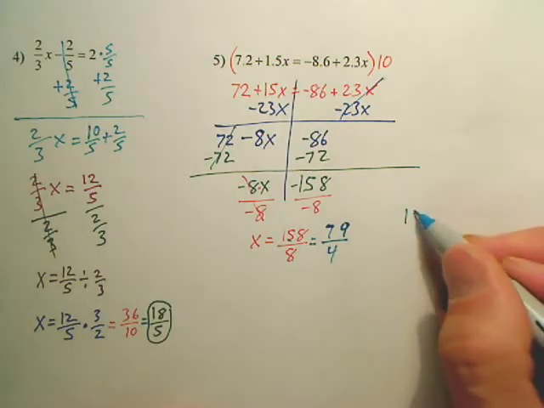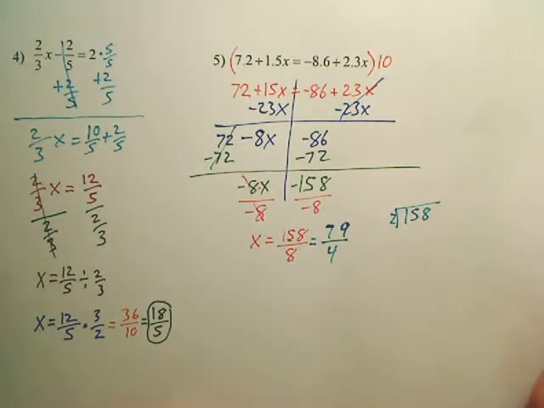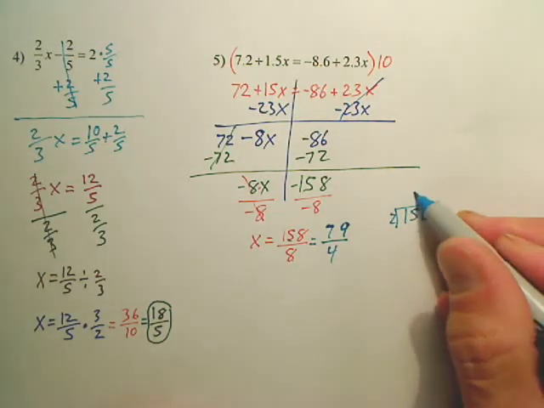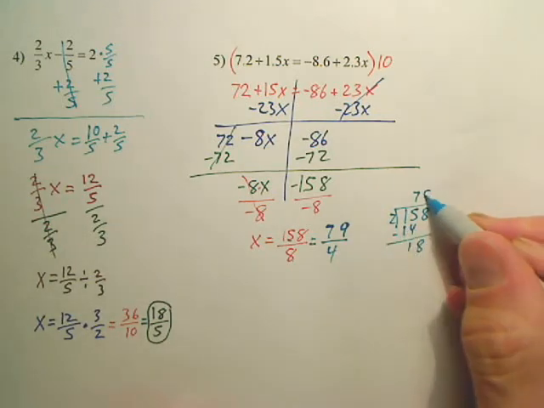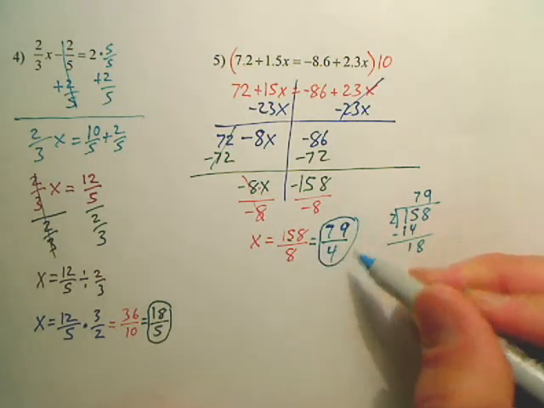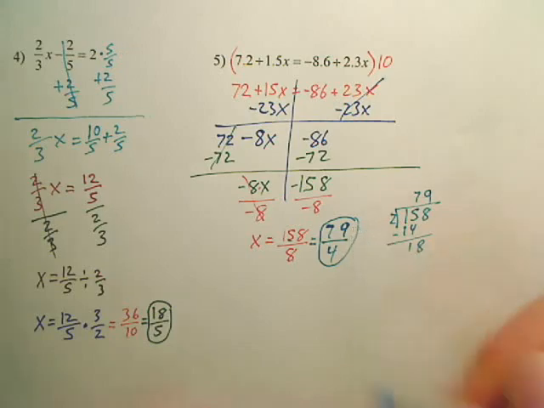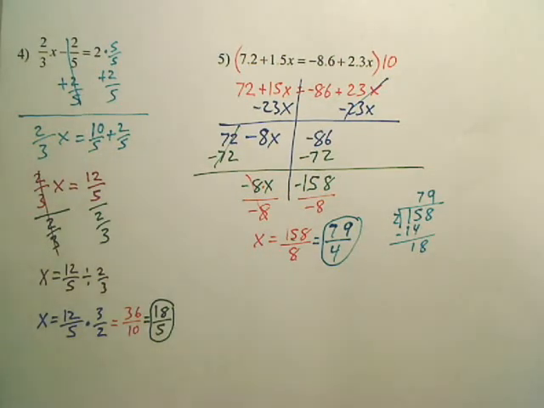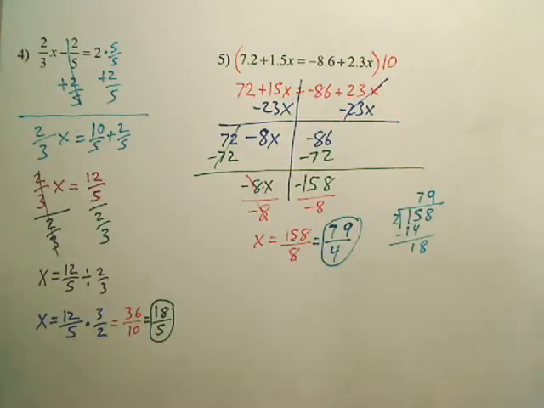Let's just try. 158 divided by 2. Is that okay? 2 goes into 15 7 times. Is that 79? Okay. And 9, will 2 or 4 go into a 9, an odd number? No. So we're done. Now, that is a lot easier, I would think, by getting rid of the decimals. Makes life a lot easier.